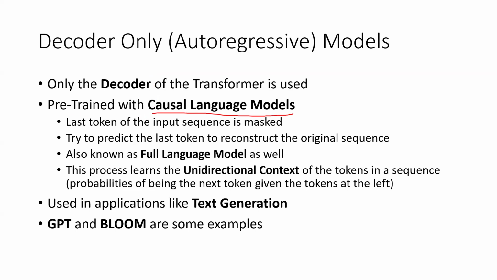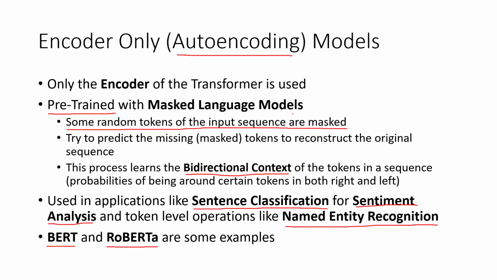That is somewhat different from the previous one, which is masked language modeling. In masked language models, some random words are removed in the middle or end of the sentence and the model is asked to fill those words.